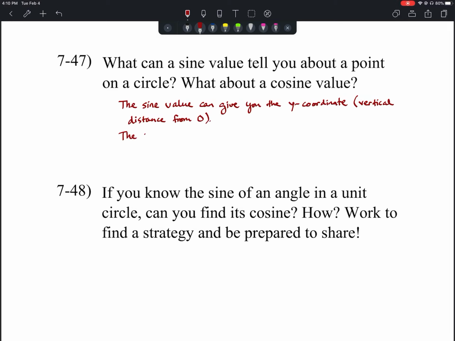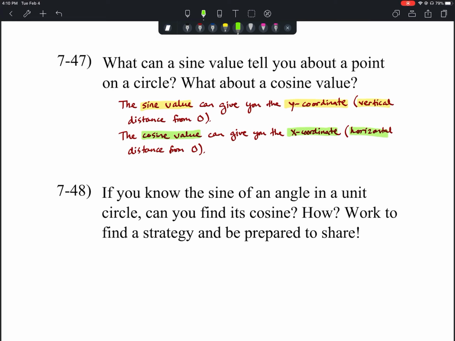Well, the cosine value can give us the x-coordinate, or the horizontal distance from 0. Okay, those are important to remember. We need to remember that our sine value is our y-coordinate, or the vertical distance, and our cosine value is the x-coordinate, which we refer to as the horizontal distance.